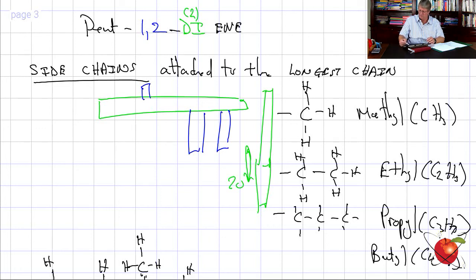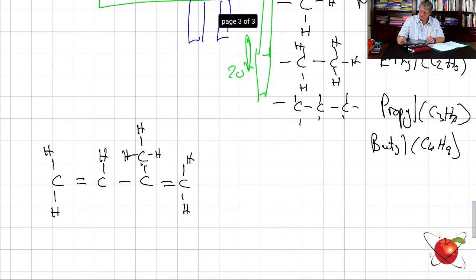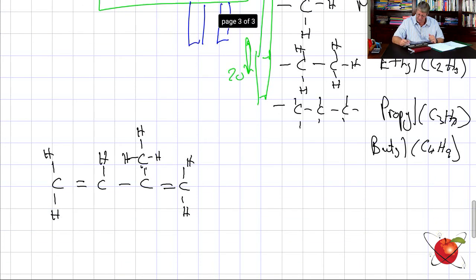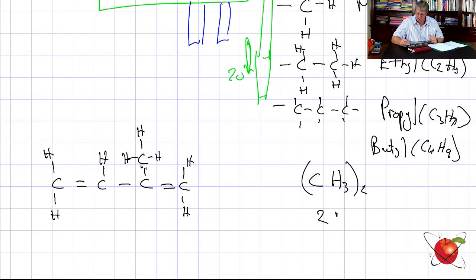Because if we've got 4 carbons, I'll have 9 hydrogens. Sometimes you'll see that when it's written in the condensed form. And you'll see brackets around it with a 2. So on the condensed form, you can see CH3 with a 2. It means there's 2 methyls, 1 each side. But we'll get to that.